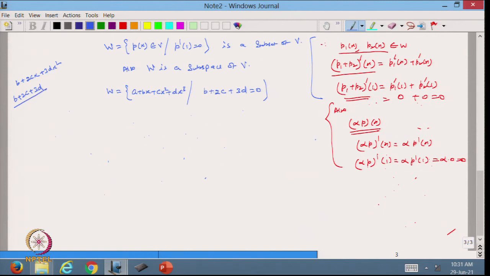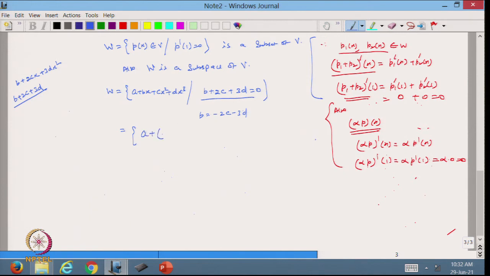Now, from here the same way we can do. So, these conditions have to be satisfied. Now, from here I can take my b as minus 2c minus 3d, and based on this I can write my set as a.